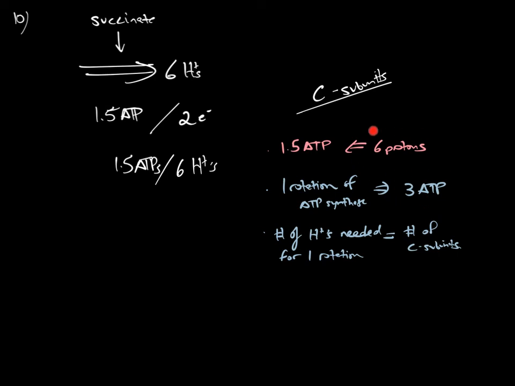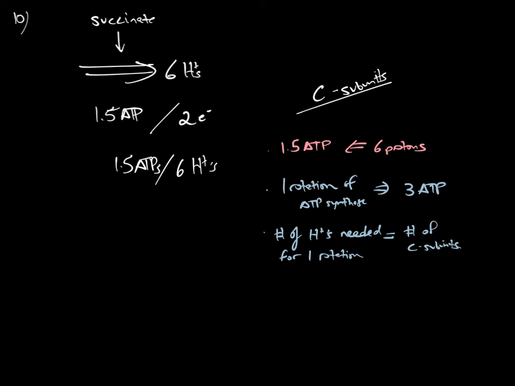Hence, 6 protons make 1.5 ATP, and a full rotation creates 3 ATP. So we know we've made half of a full rotation. So the synthesis of 3 ATP would require 12 protons to move through the synthase. So if I need 12 protons for one rotation, then I have 12 C subunits.